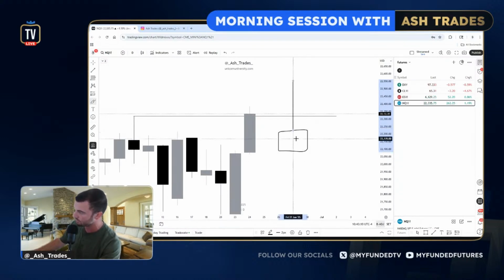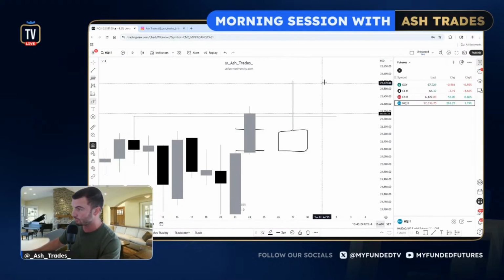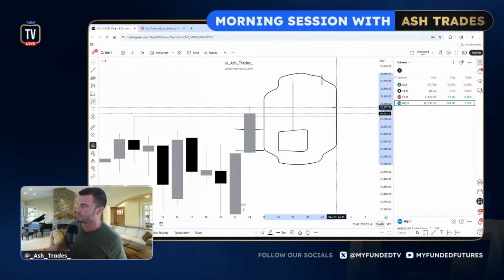This is what a reversal looks like. This is what continuation looks like. So if we're creating a bullish FVG at the swing high, I'm looking for continuation higher. If we create a reversal at the swing high, that's the moment in time that I'm willing to become bearish.